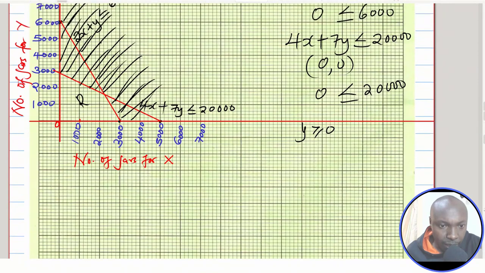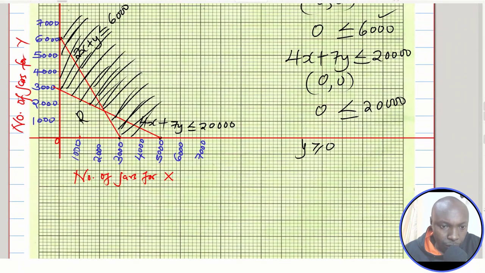So how do we use the inspection method? To use the inspection method, you simply need to look at the required region and look at the points of intersection of those lines bordering that region.